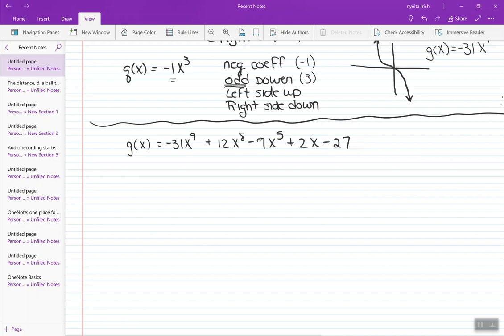Now I'm just making this up, because the only thing I'm really worried about is what's going on with that biggest powered term. In this case, my leading coefficient and leading term. The leading coefficient is -31. The exponent is odd, and it was negative, which means I'm going to have split ends and it's going downhill.